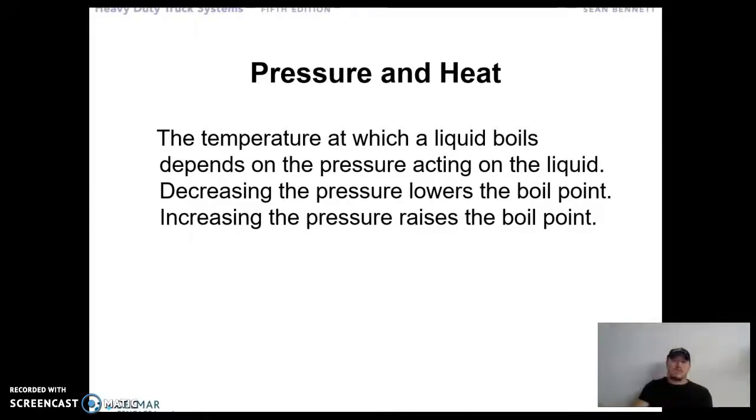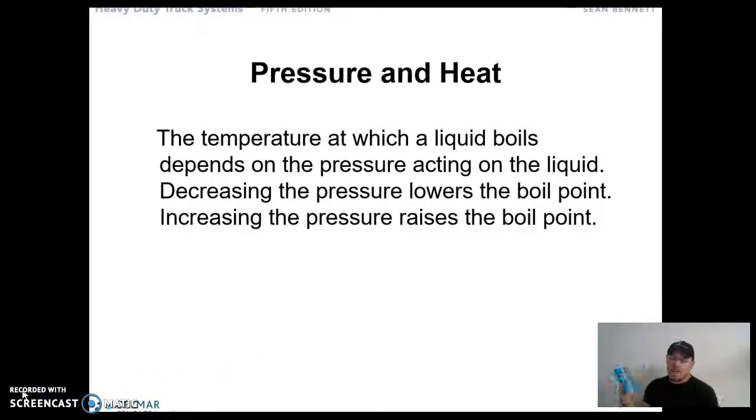And that goes both ways. If you increase the pressure, just like in a radiator system, a coolant system, we increase the pressure by 14 psi inside that radiator, which in turn increases the boiling point. We run that same system in the AC as well.